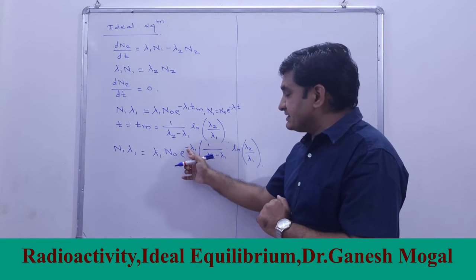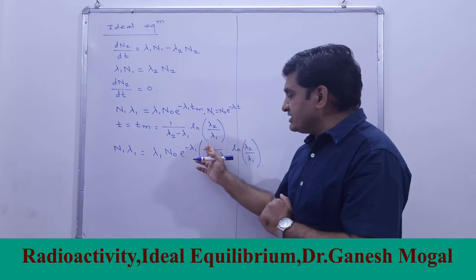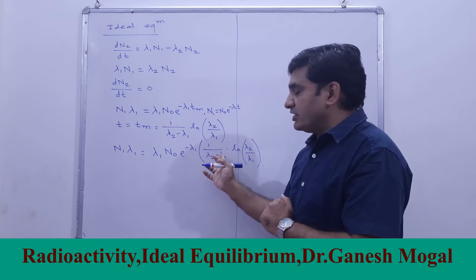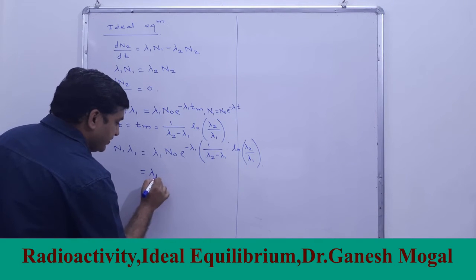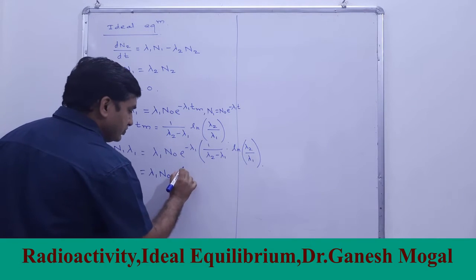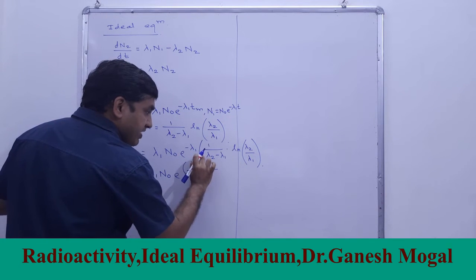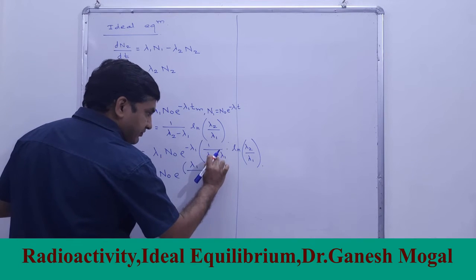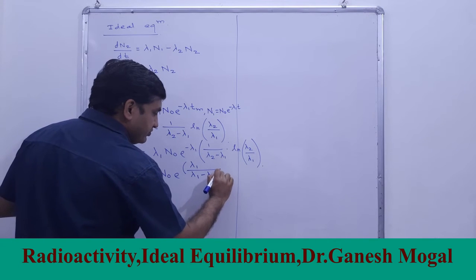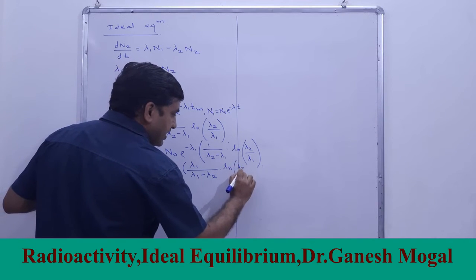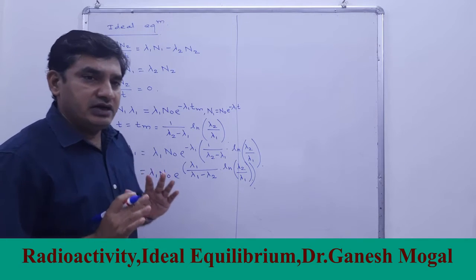Due to the minus sign, the terms interchange, and we can write lambda 1 N0 e raised to lambda 1 divided by lambda 1 minus lambda 2 into ln of lambda 2 divided by lambda 1.